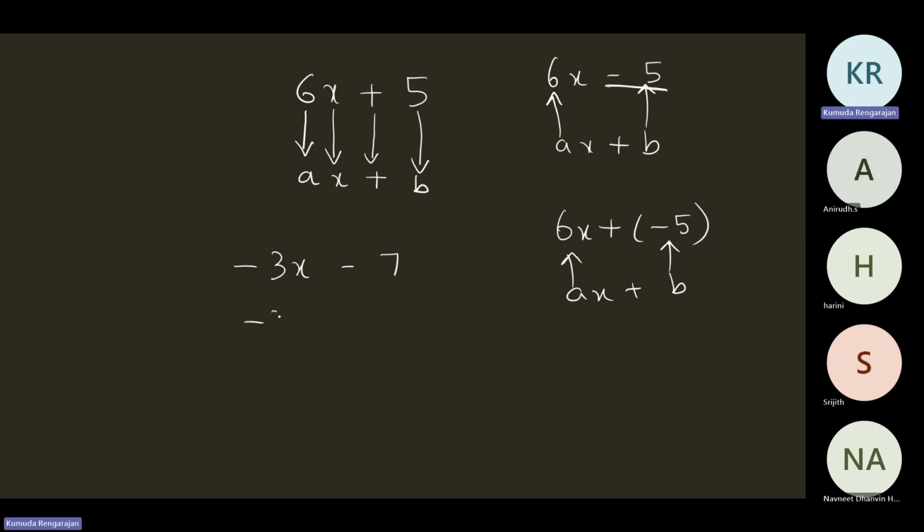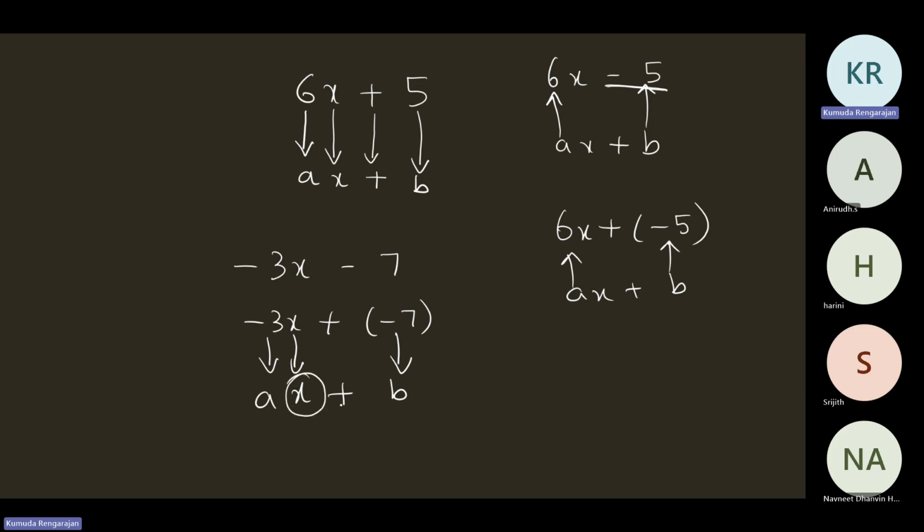You can treat this as minus 3x plus minus 7. This is a specific example. So the generalized one will be: for minus 3, we'll say a. X is the variable. Plus, for minus 7, we'll say b. So ax plus b is the standard form of a linear expression in one variable x.